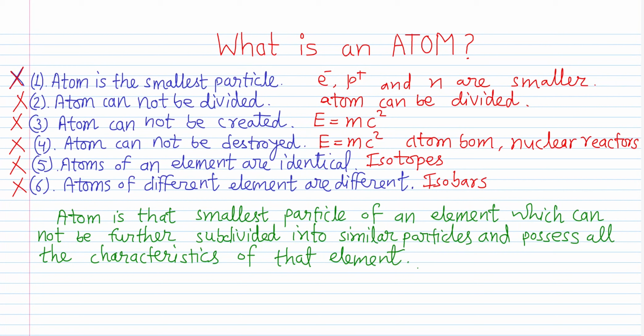So what is the characteristic of an element? Its atomic number. Up to the level of atom, the atomic number remains conserved, but when you divide an atom into further smaller particles, it loses its atomic number property.